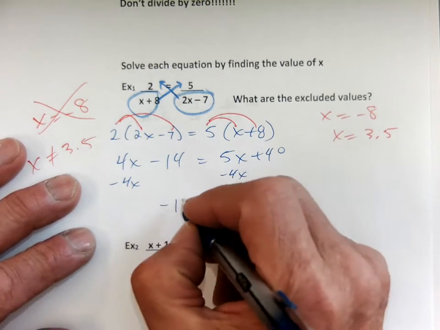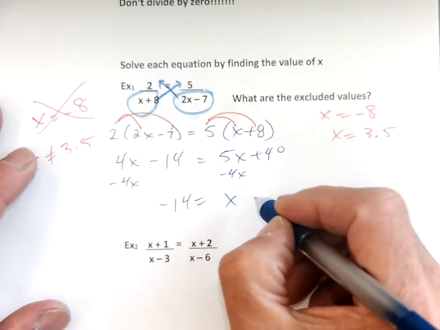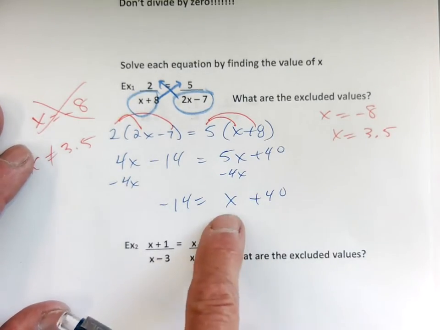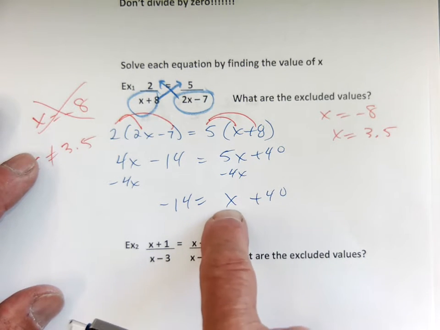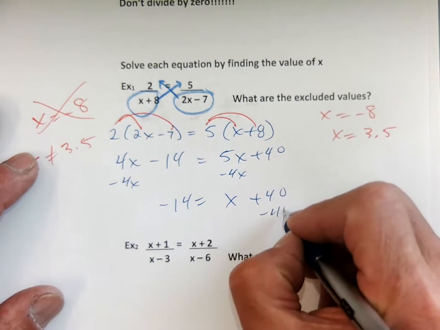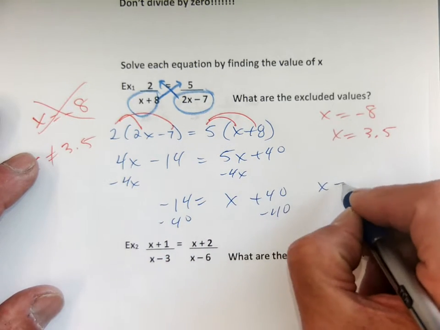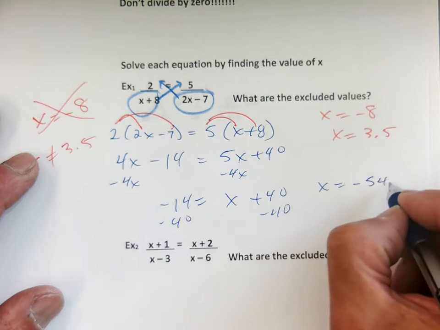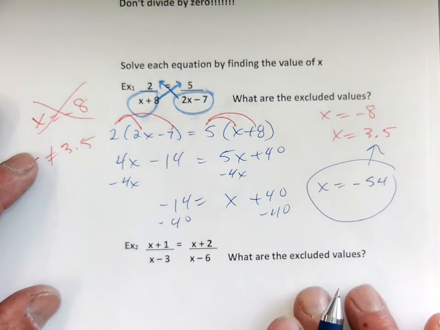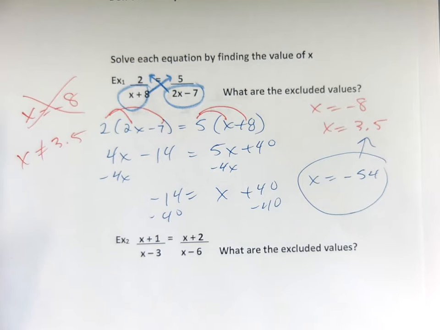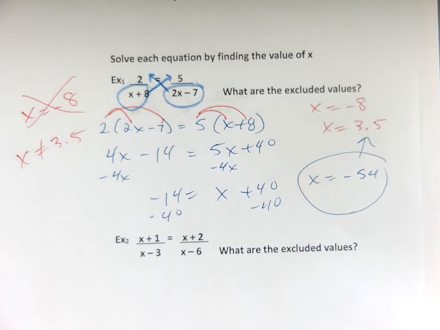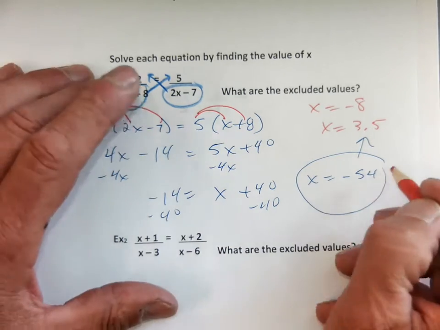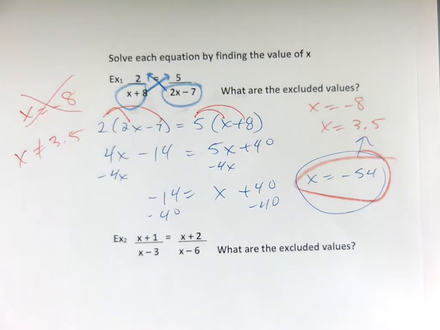I'll have negative 14 equals x plus 40. I like that, Brian. You put x, you didn't need to put the 1x. Minus 40, minus 40. We get x equals negative 54, which is not either one of those answers. As long as we didn't get negative 8 or 3.5, then we're good. Okay, that's my answer. Circle it. Done. Okay, thumbs up.